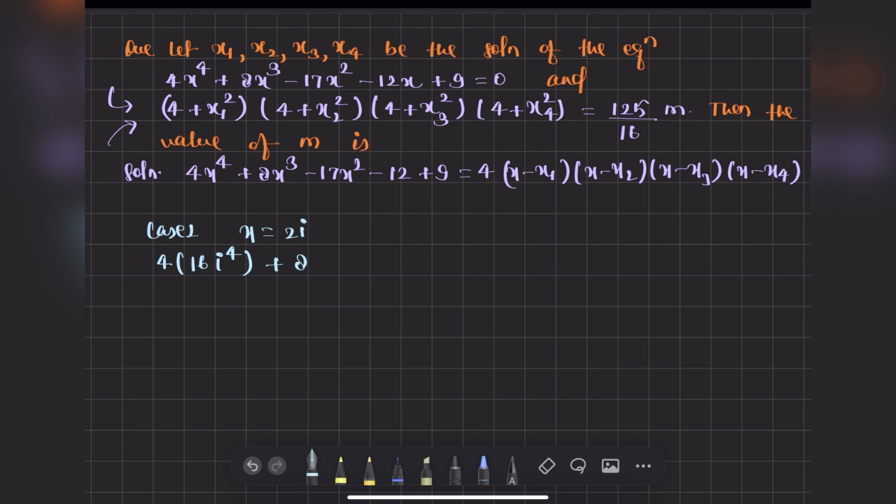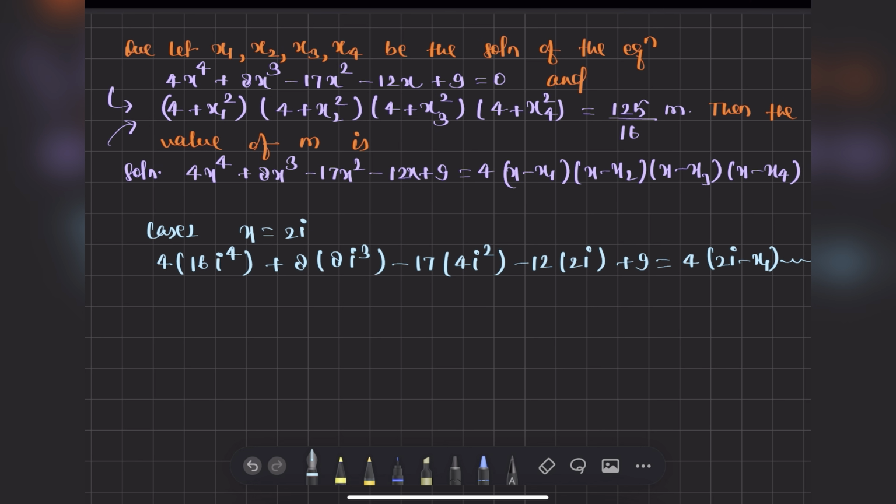Then 8 times 8 iota cube, minus 17 times 4 iota square, minus 12 times 2 iota, plus 9, equals 4 times, I'll write only one thing, 2 iota minus x1, and the remaining things will look like 2 iota minus x2, 2 iota minus x3, 2 iota minus x4.